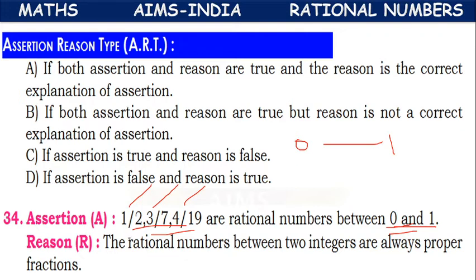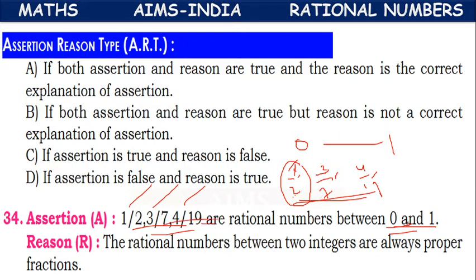In all these rational numbers, 1 by 2, 3 by 7, 4 by 19, the numerator is less than the denominator, so they all lie between 0 and 1. Because the numerator is less than the denominator, if we divide, we get a value less than 1 only.